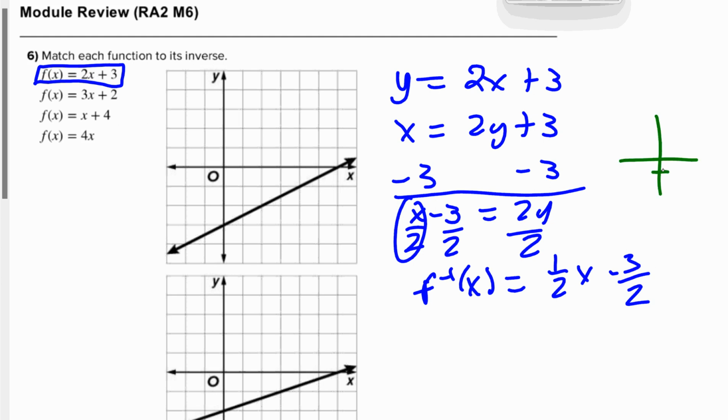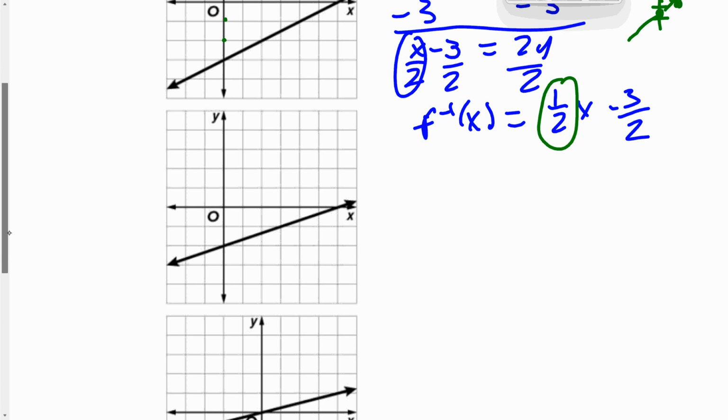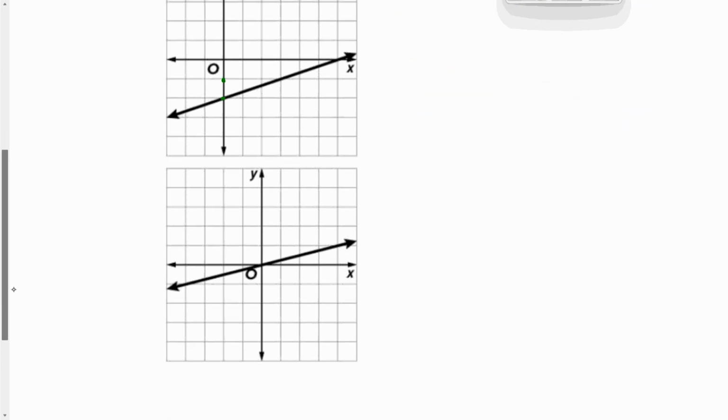And then I can graph, which would be, I would go down 1.5, and then I should use my slope, rise over run, so up 1 over 2. So it probably looks something like that. And then I can look for that graph. So I should be down 1.5. That's 1, that's 2, so not that one. That's 1, that's 2, not that one.